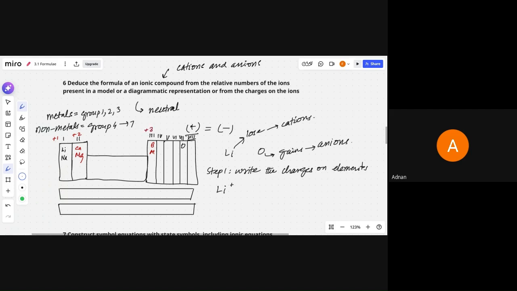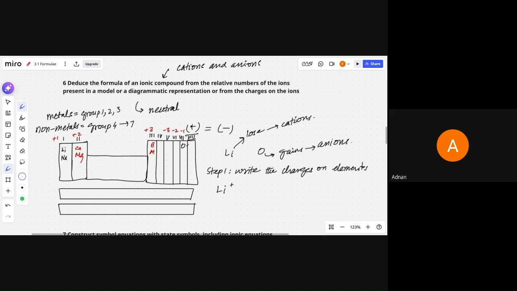Carbon, they gain 4 electrons, they share, so we skip 4 for now and go to group 5. This will be -3, they're going to gain 3. Group 6 is going to gain 2. And group 7 is going to gain 1, so -1.